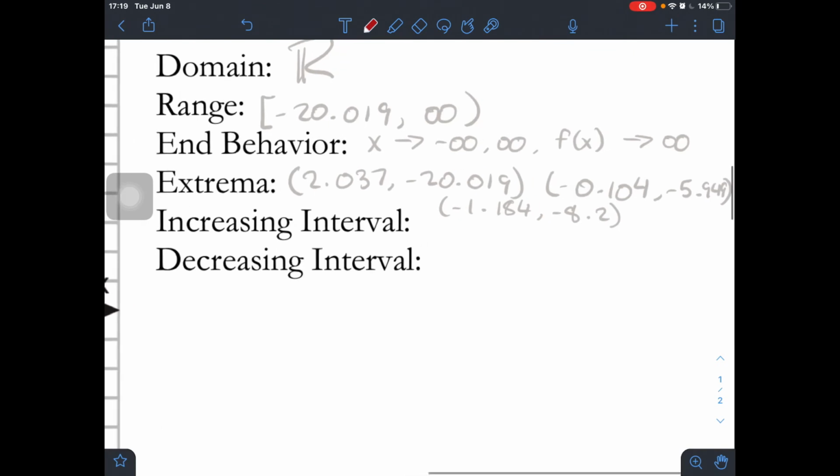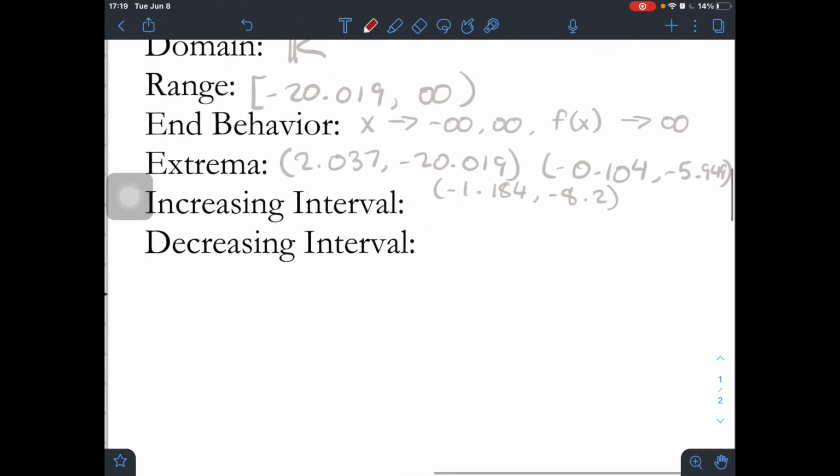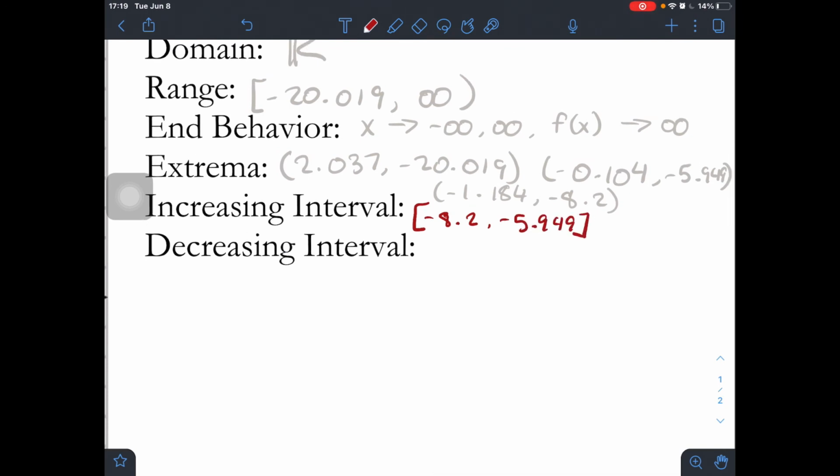I'm going to use the x coordinates, not the y coordinates.